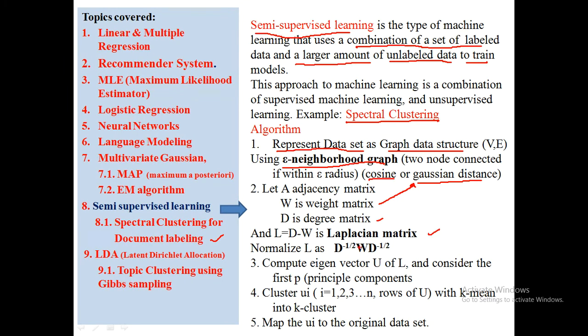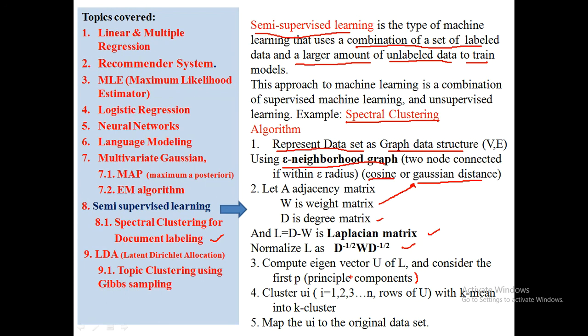Further, we normalize the Laplacian matrix like this. Afterward, we compute the eigenvectors U of the Laplacian matrix L, and consider the first p principal components, the first p columns of U.